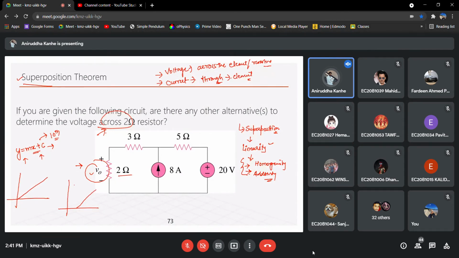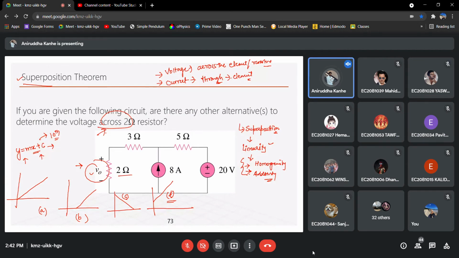Which one is linear? Which one is satisfying this homogeneity and additivity out of these four? A, B, C, D. Y is equal to mx, sir.